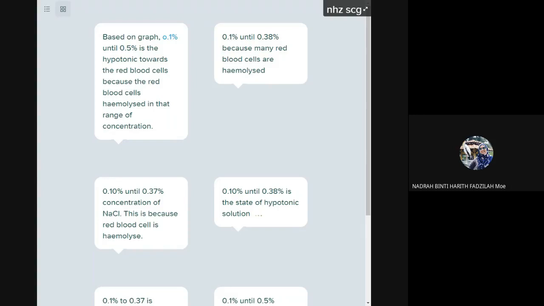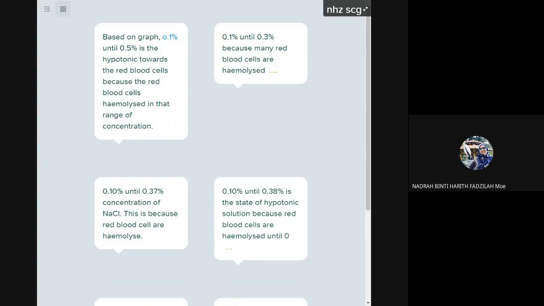So 0.1 until 0.59. Sebabnya 0.6 baru start zero hemolysis kan. So that is the range lah, 0.1 until 0.59. Okay. Cuba explain kenapa.